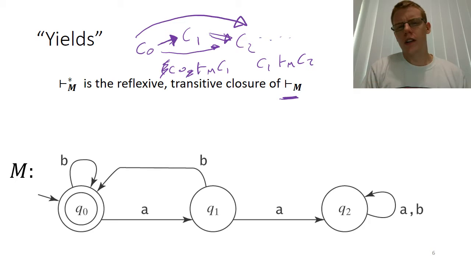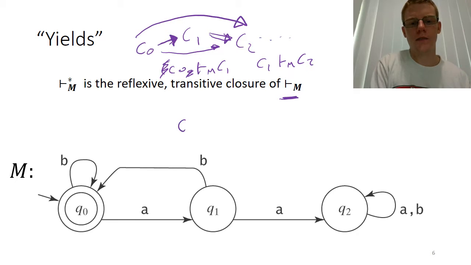We'll also define the weird idea of yields in no steps, to consider what would happen if we didn't go anywhere. Obviously, if we don't go anywhere from a particular configuration, the machine just stays in that configuration. So yields in 0 steps is basically saying C0 is related to C0.